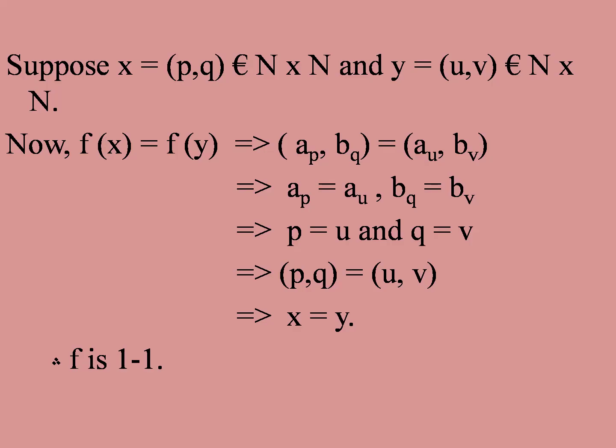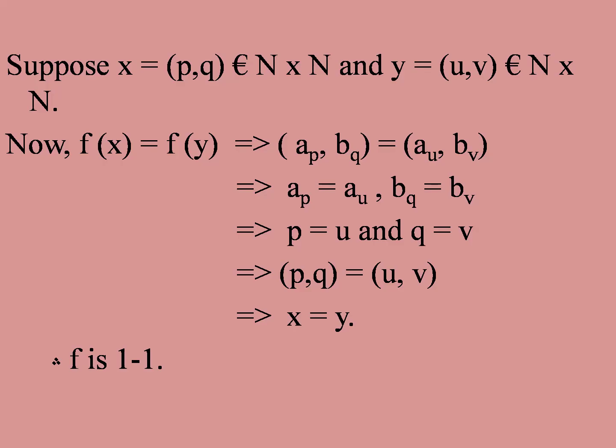We know if (p, q) belongs to N cross N, then f of x equals (ap, bq), and f of y, with y equal to (u, v), is (au, bv). f of x equal to f of y implies (ap, bq) equals (au, bv). If the two ordered pairs are equal, the x coordinates must be equal and the y coordinates must be equal.